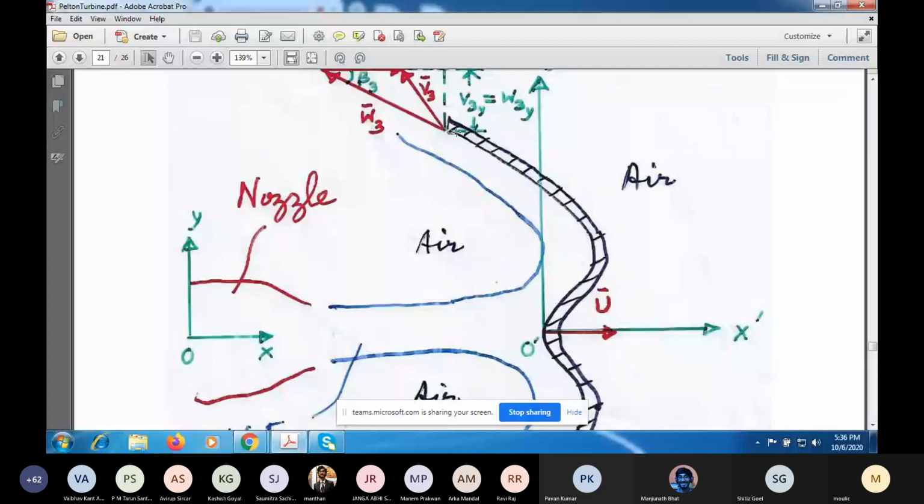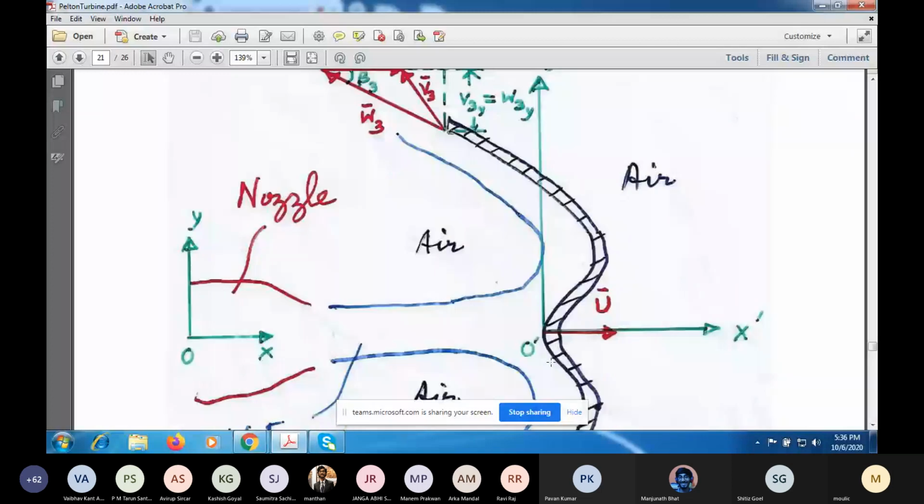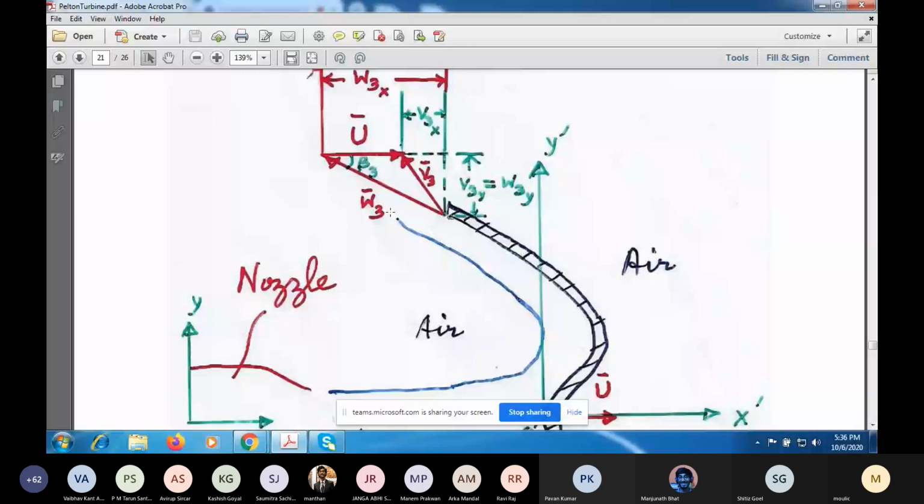And you have a similar triangle at the top. Relative to the vane, the relative velocity vector will be tangent to the surface of the vane here. To that you add the velocity U of the origin O prime of the moving coordinate system, then you will get the absolute velocity V3 at section 3.